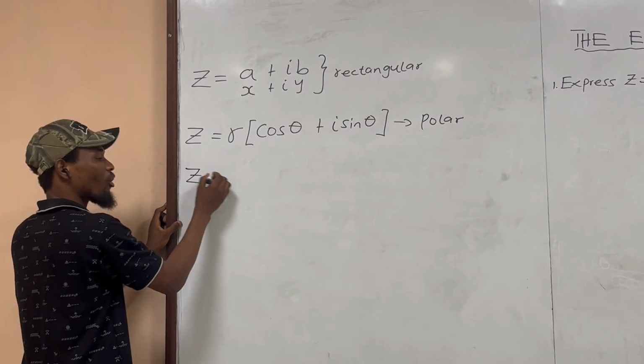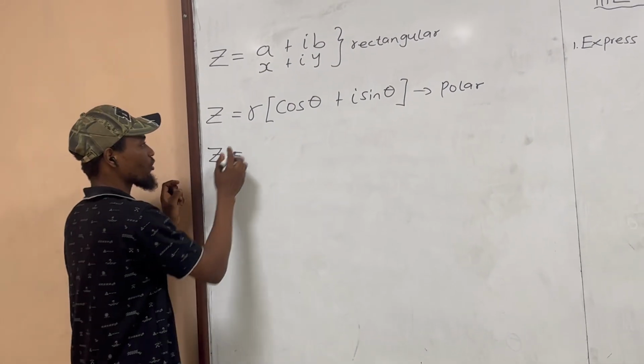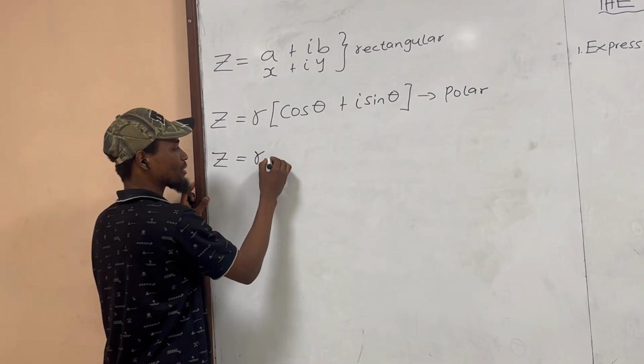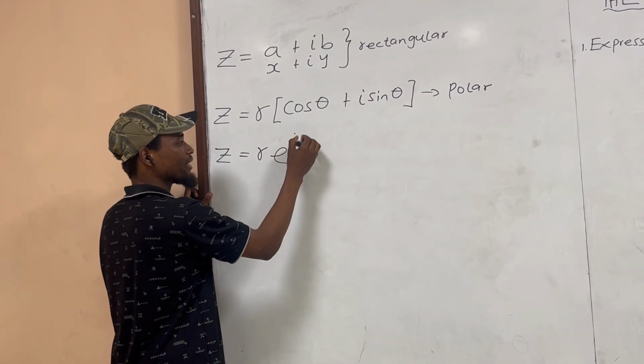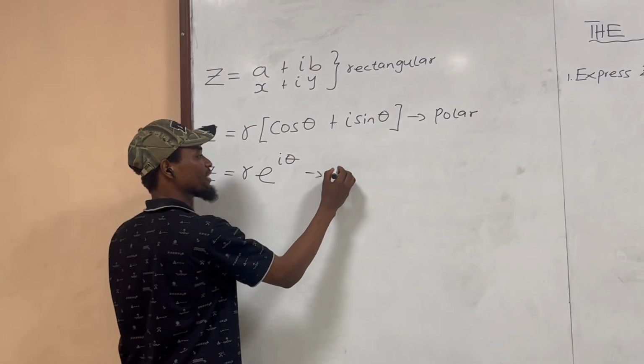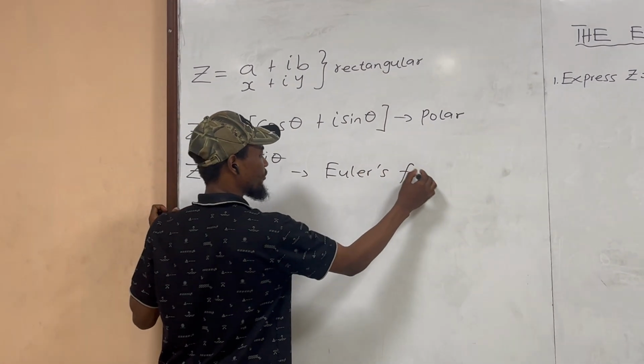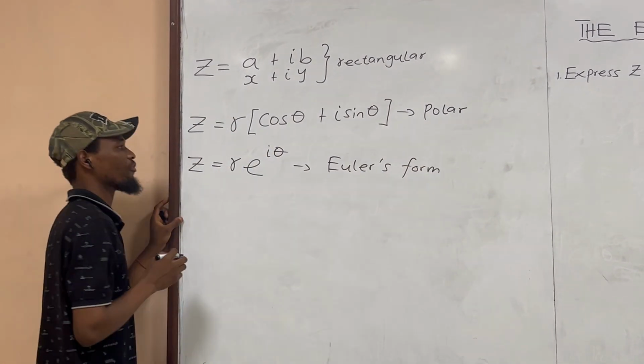And lastly, we have complex number z in the exponential form: r multiplying e to the power i theta. Okay, so this is the Euler's form or the exponential form.